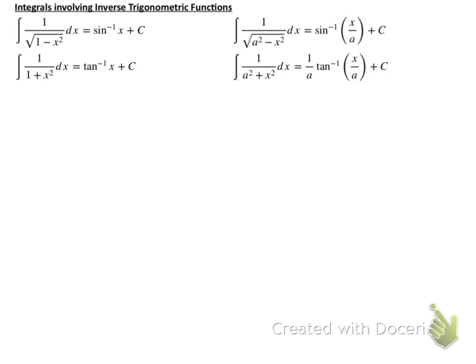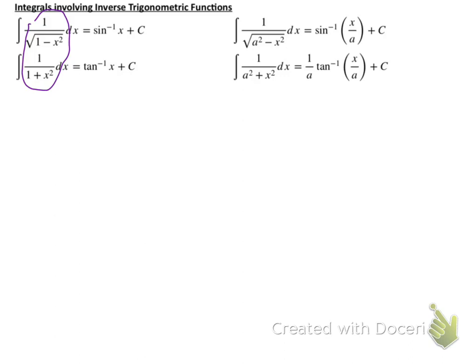More formulas. Integral, as you can see, sine inverse and tangent inverse have very nice derivatives, which are these two. So when you have an integrand which looks like 1 over a number plus x squared, or 1 over the square root of a number minus x squared, these are the candidates where you can try to turn them into sine inverse and tangent inverse by finding their integral.